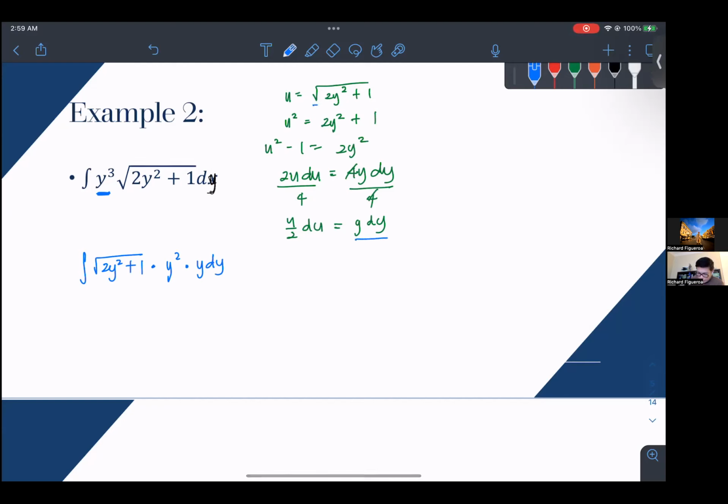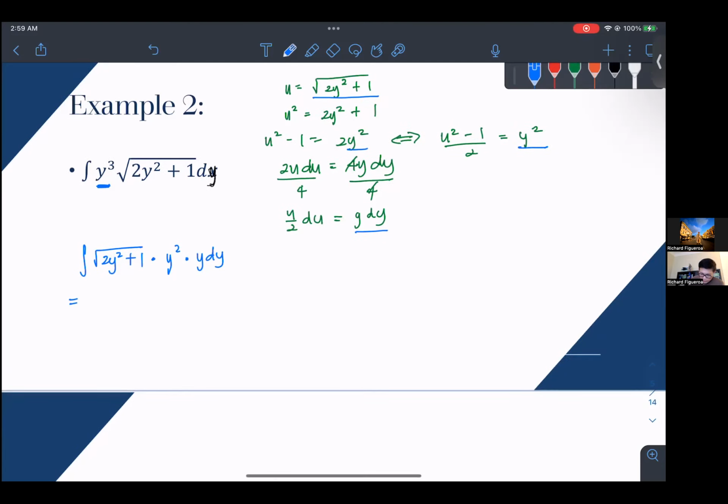Of course, I have the square root of 2y squared plus 1. But do I have the y squared? Yes, I have it. Remember that u squared minus 1 all over 2 is equal to y squared. So thus, I already have the y cubed.